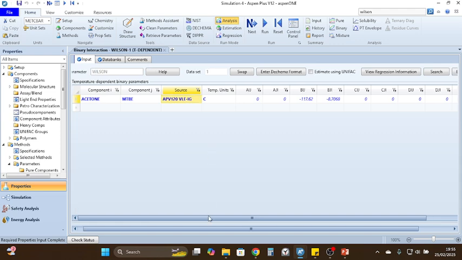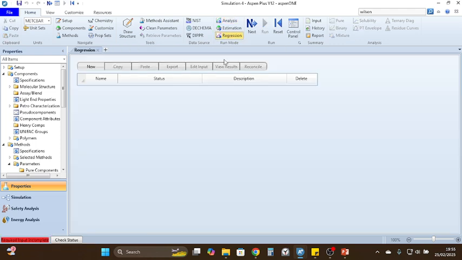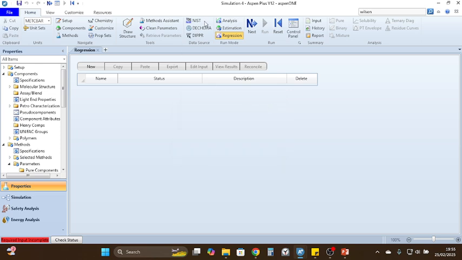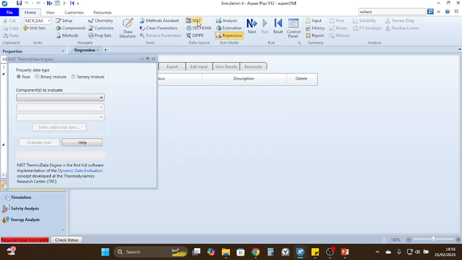So in this case, we have to use regression. For that, we have to select regression initially. First, what we have to do is retrieve the data.